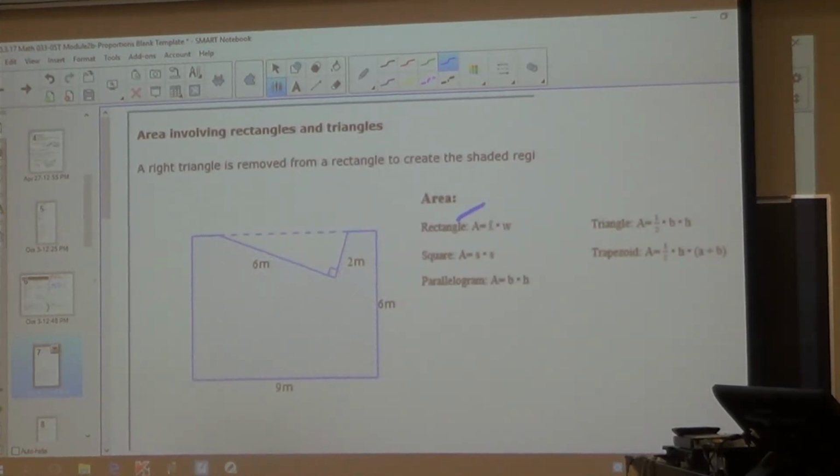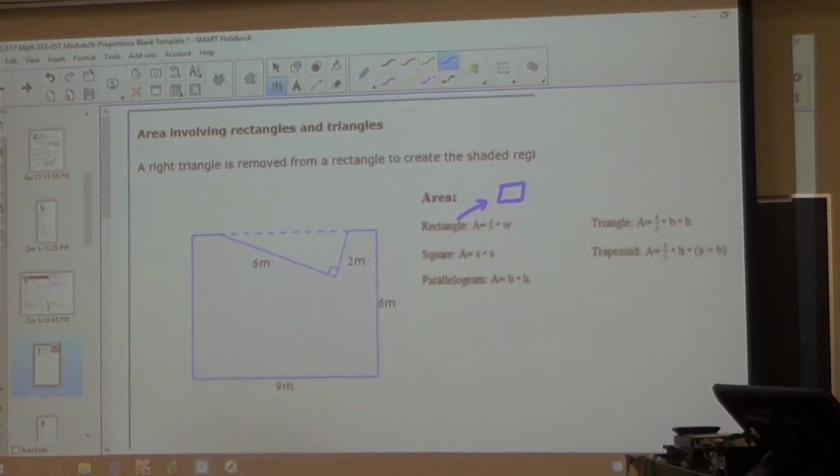A rectangle looks like this, where you have a length and you have a width. A square is when all the sides are equal, so it would be side times side. A parallelogram is like somebody sat on a rectangle. The base is what it sits on, and the height is straight up and down.